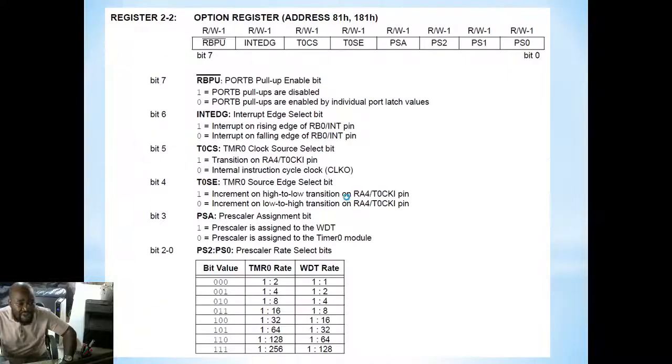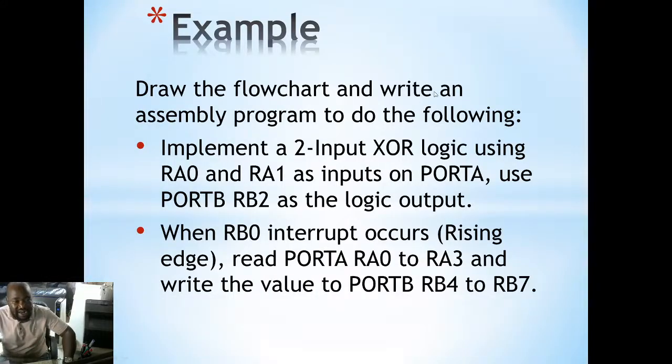Now the example that we have says, draw the flowchart and write an assembly program to do the following. Implement a 2-input exclusive OR gate using RA0 and RA1 on port A as inputs, and use RB2 as the output for this exclusive OR gate.